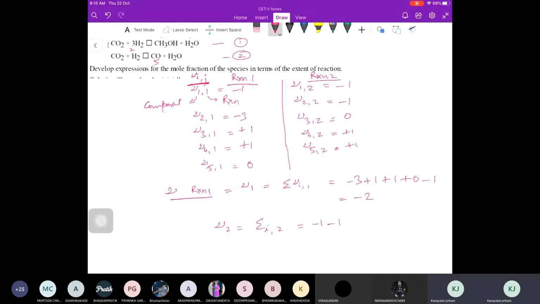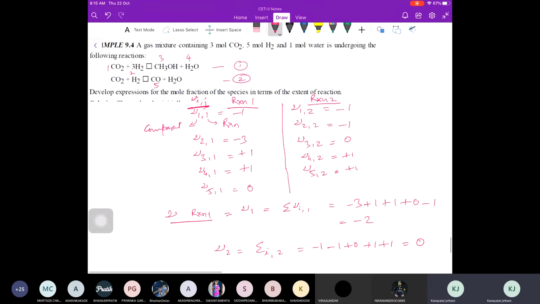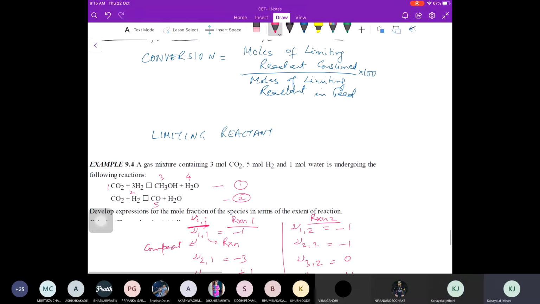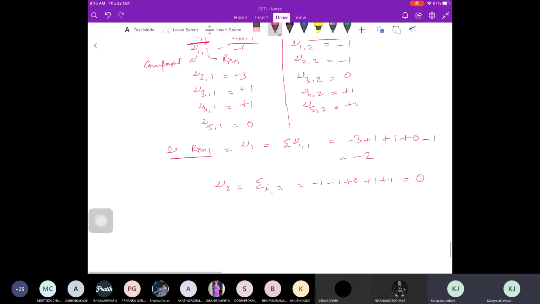-1 -1 +0 +1 +1. Agree? 0. Right? So now we have everything. We just need to substitute in that equation, right? What was our equation?